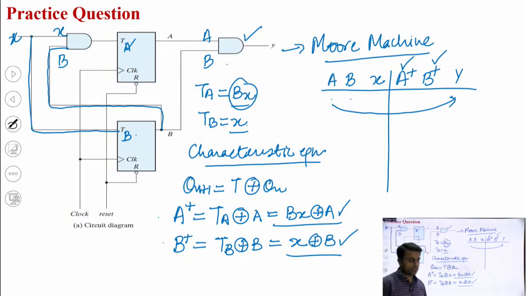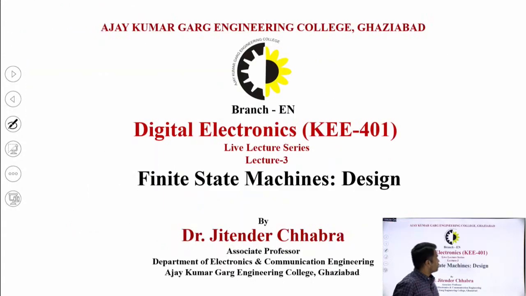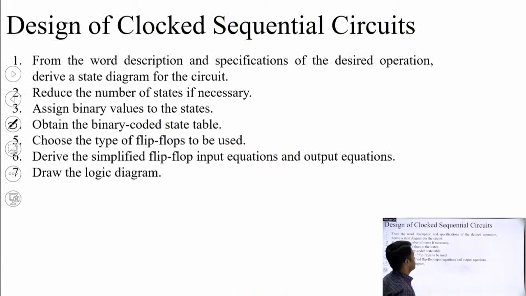I hope it is very much clear now. We can prepare state diagrams for any given circuit which has any kind of flip-flop. We just have to remember the characteristic equation of that particular flip-flop. Okay, so let us proceed further to the design part, designing of finite state machines.